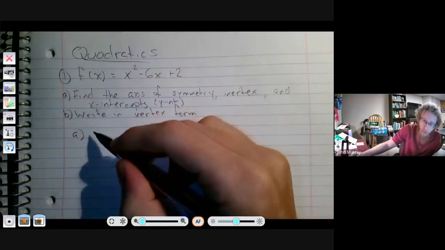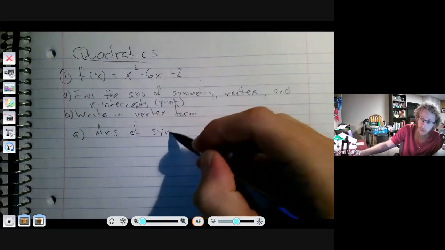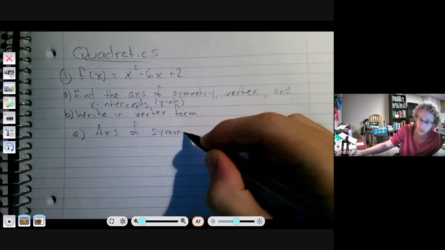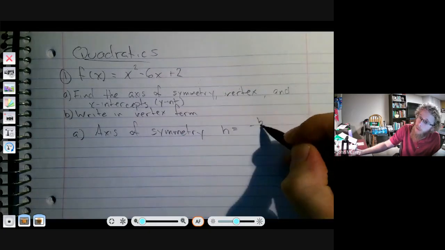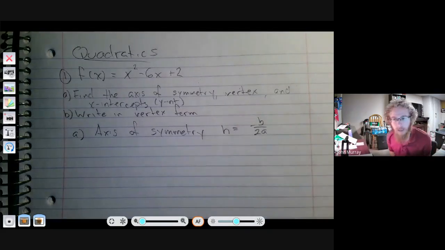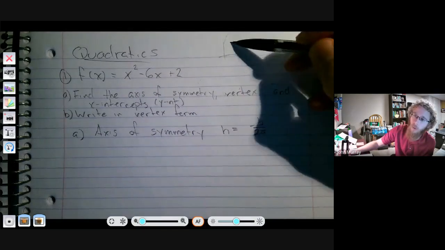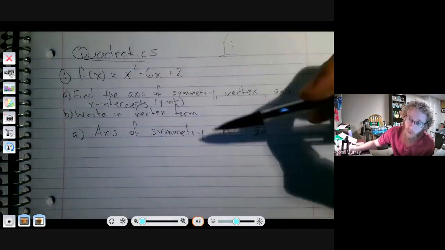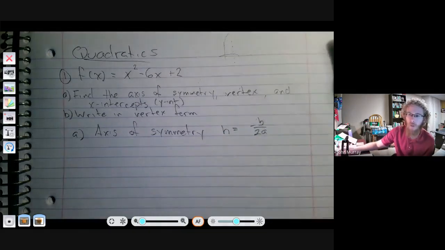So first, let's remember our first equation for the axis of symmetry we can find, right? Remember, it's a line, it's a vertical line somewhere on the graph. And it's going to be h is equal to negative b over 2a.